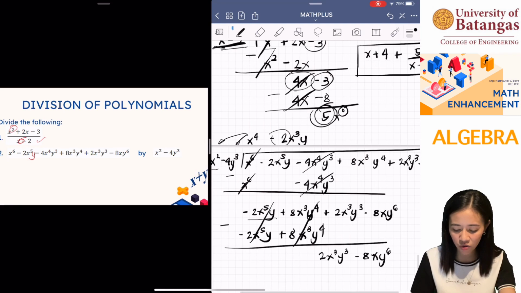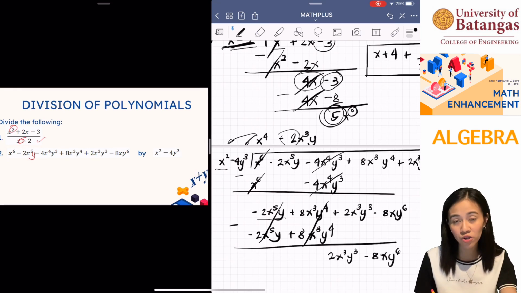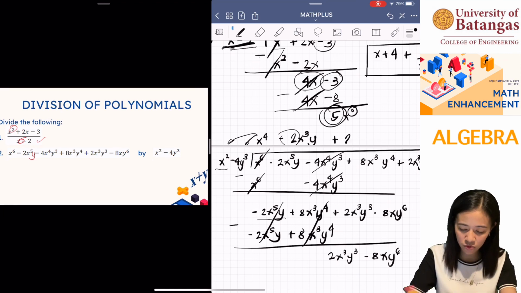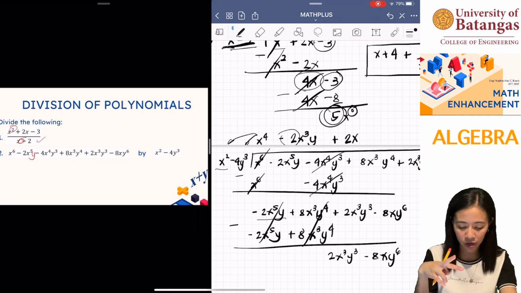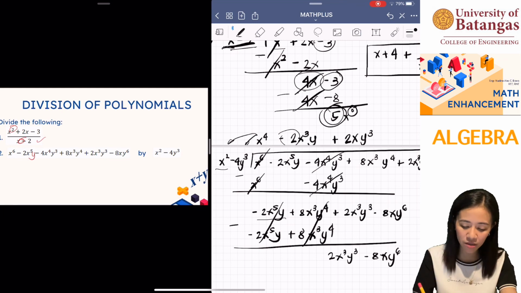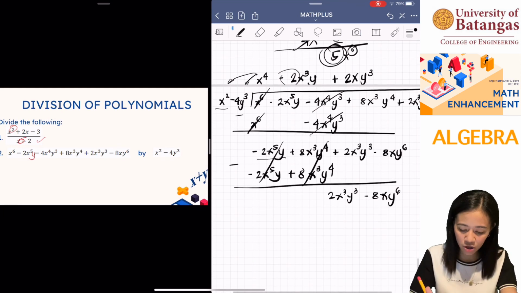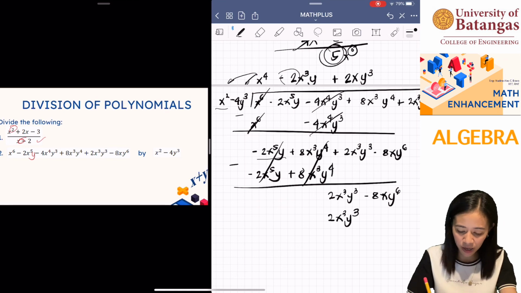And then, let's continue with 2x cubed divided by x squared. So, that gives you positive 2. Diba? Positive 2x na lang kasi x cubed divide x squared. And then, you still have y cubed. So, multiplying this to the divisor again, you will obtain 2x cubed y cubed, okay, minus 8x y to the sixth.